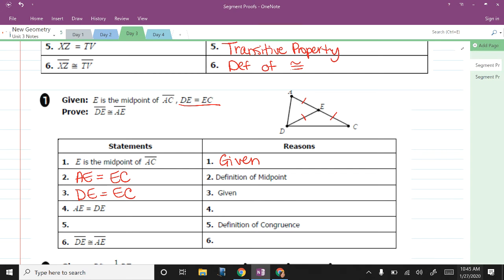Now what property says I can say that? They're both equal to EC, so they're equal to each other. So what says that? Transitive. Y'all see that? So sometimes transitive will be on the same line and sometimes it will be split in two different statements. They can be split. So the number 4 reason is the transitive property.